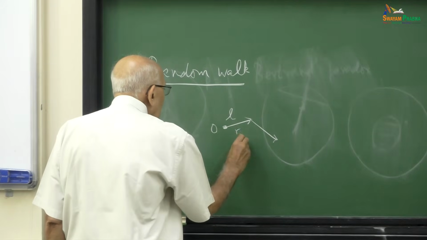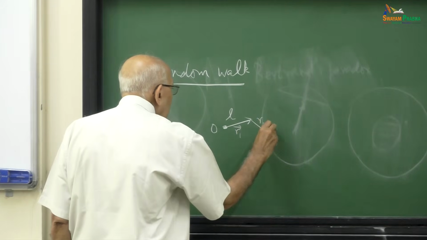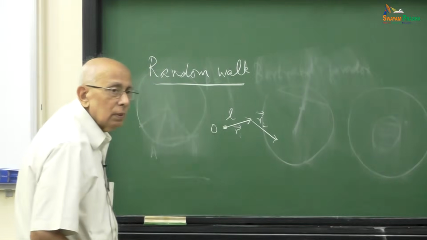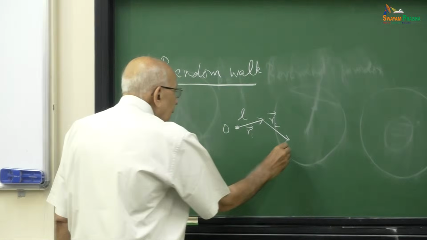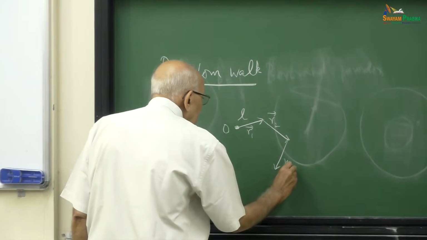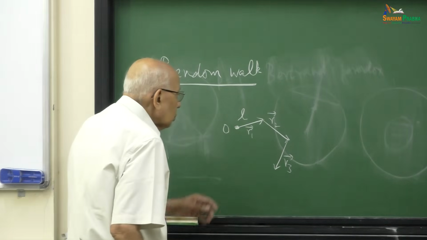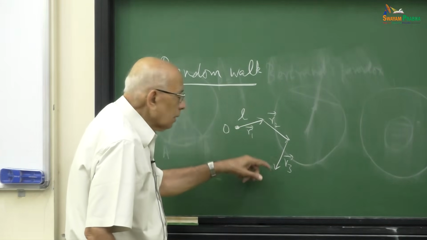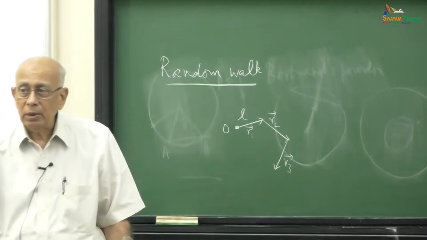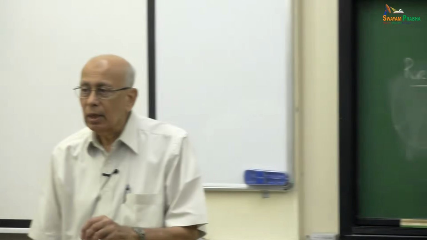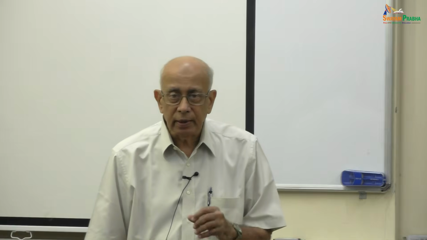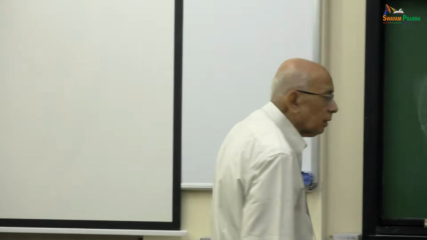This vector I call R1, this vector I call R2. And then I take a third step in any direction, R3. So you must remember that this whole thing starts to look like a long chain polymer, loosely hinged at wherever each monomer ends, completely free hinges.